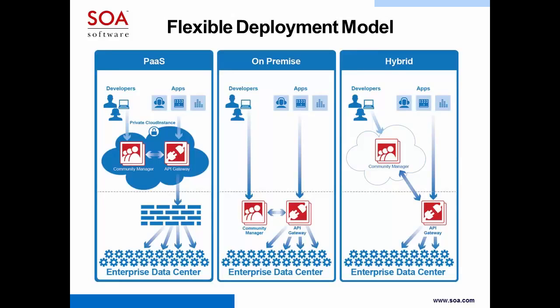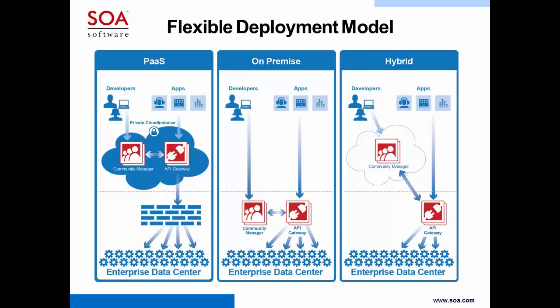In an enterprise scenario, you might have the API gateway and the community manager portal on premise behind your firewall, and you might be consuming, instead of a public API like FAA, your own private APIs that only the gateway is allowed to talk to with a secure mutual SSL trust domain.